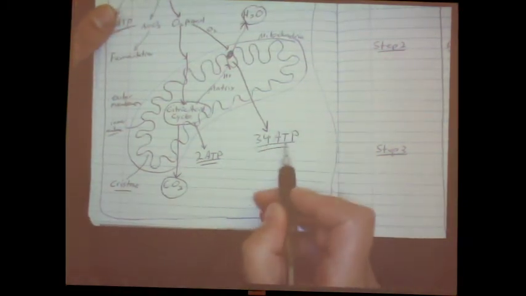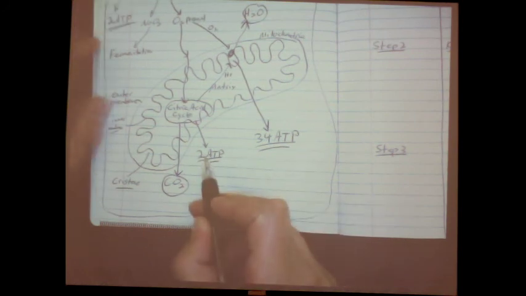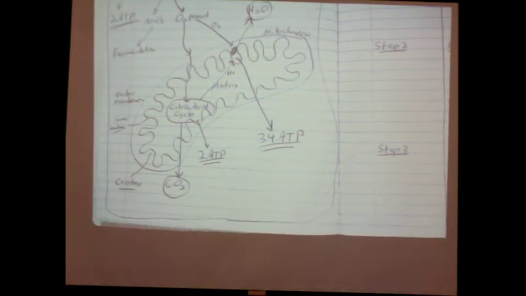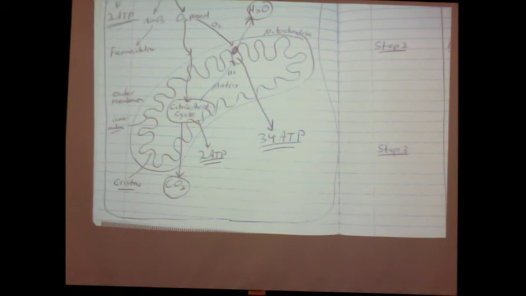So we have 34, we have 2, and up here again we have 2 more, so there's a total of 38 molecules of ATP that are made from that one sugar. That is a huge amount of energy from each individual molecule of sugar that can be made in this particular process of aerobic cellular respiration.